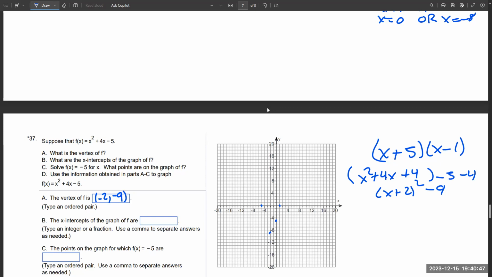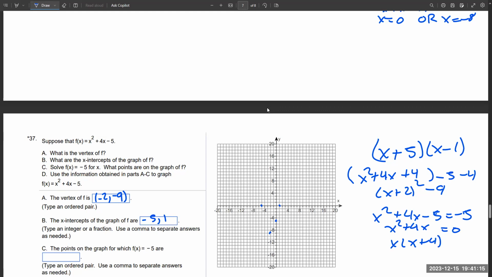X-intercepts are at -5 and +1. Where is the graph -5? You'll notice that they're picking the place that equals this constant here. One of them is going to be the y-intercept.